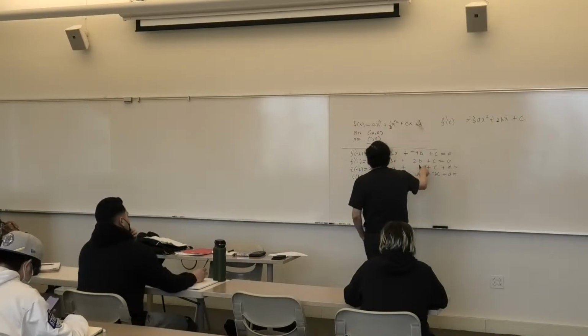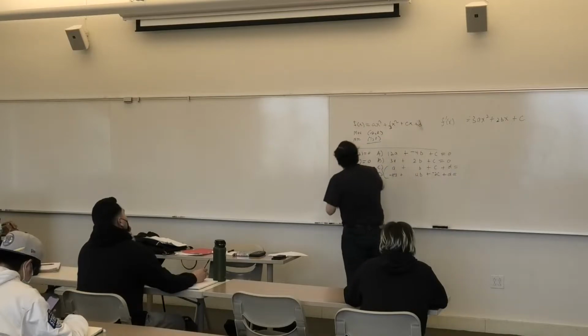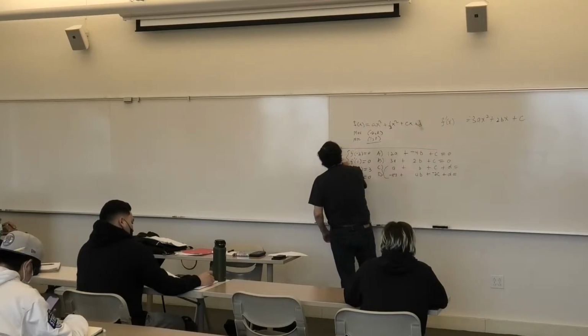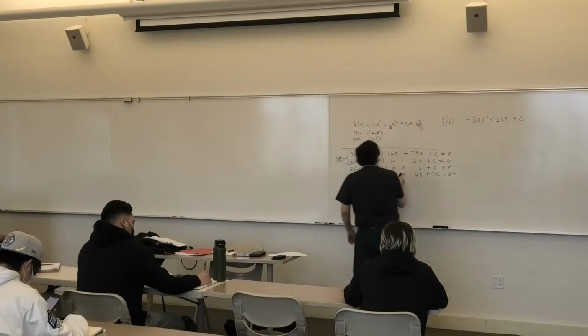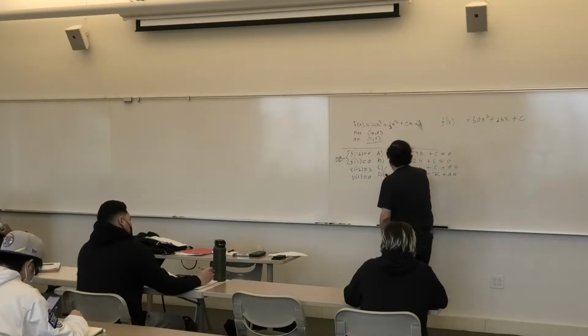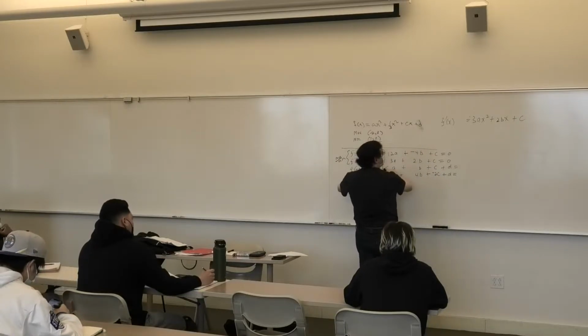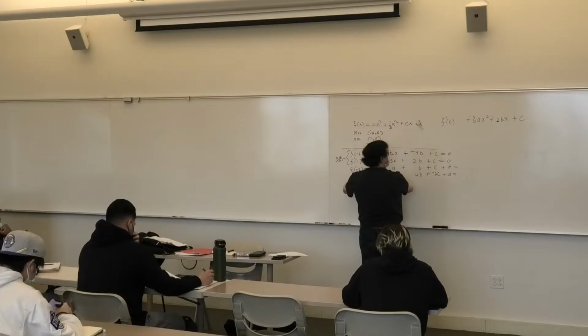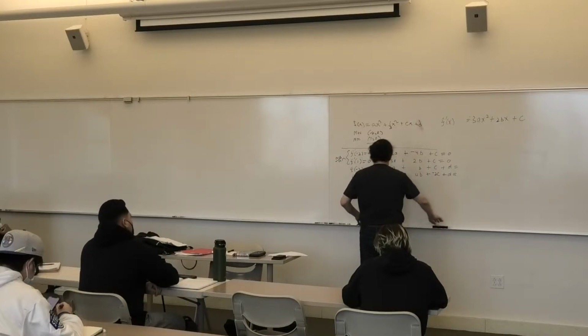So these are 0 because it's max and min. These are because we're given these points. Let me try again.